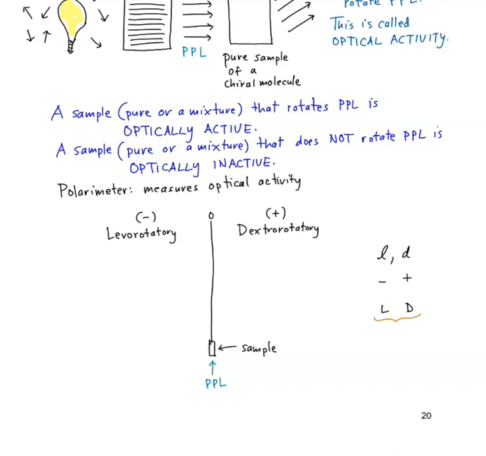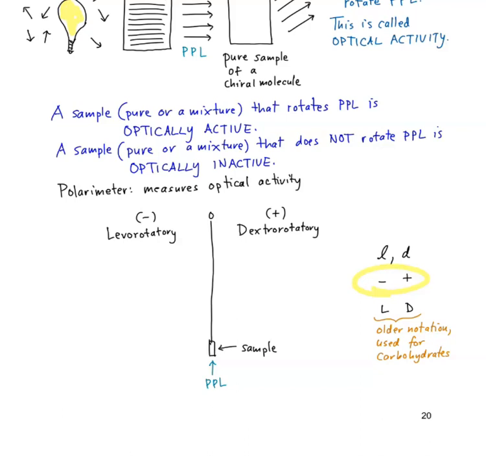For example, this one down here is older notation that's used for carbohydrates. The reason that I point these out is that you may see these, and now you know they relate to optical activity. The plus and minus in particular relate to how the plane is rotated once it passes through the sample of the chiral molecule.